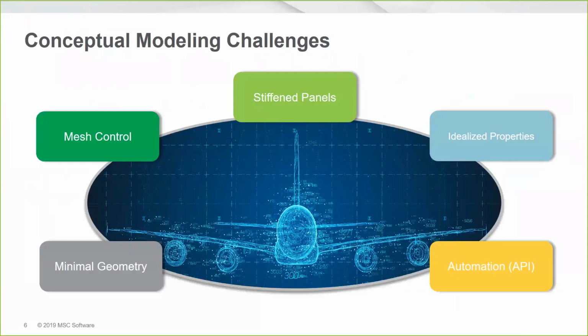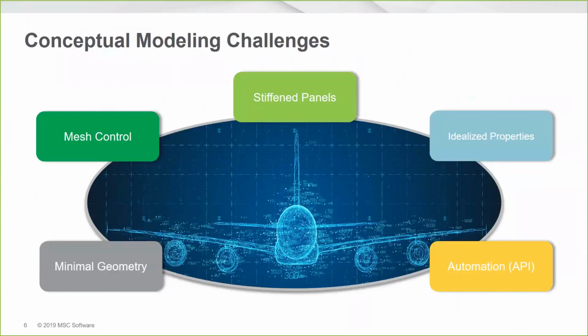So some of the things that we have done to smooth out the rough edges and to make Apex more beneficial to people doing conceptual modeling: minimal geometry. The current direct modeling environment, the current generative environment plays well no matter what kind of geometry you have, whether it's feature rich or whether it's minimal. Mesh control. If you're doing a coarse grid mesh of the entire structure, you want to be able to control the mesh, right?